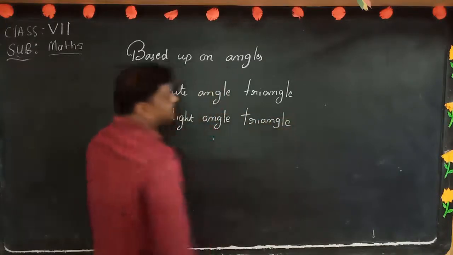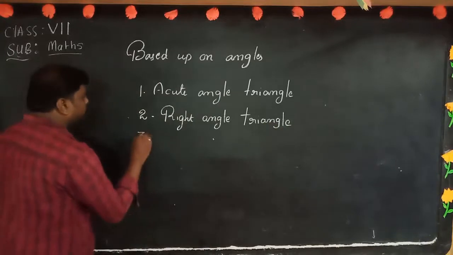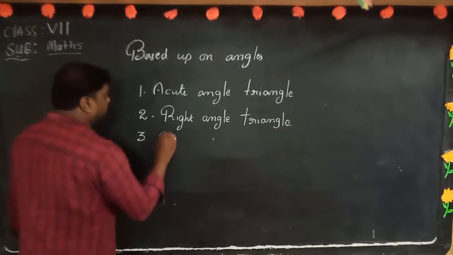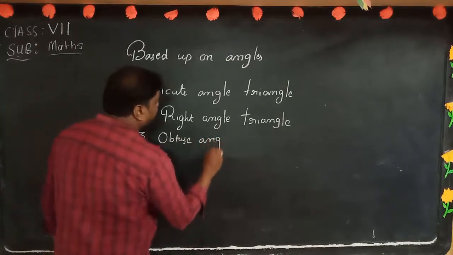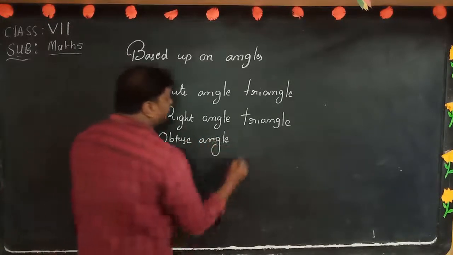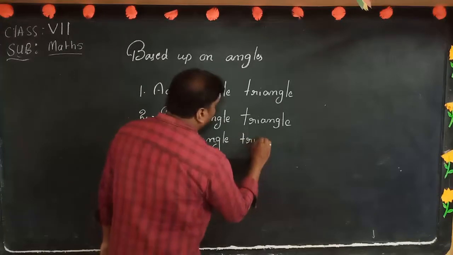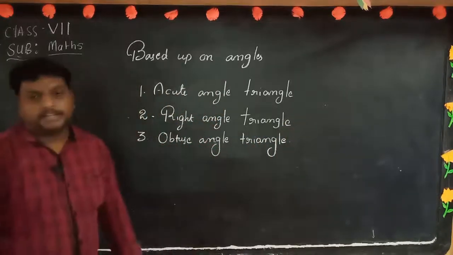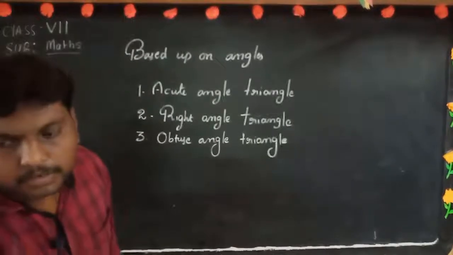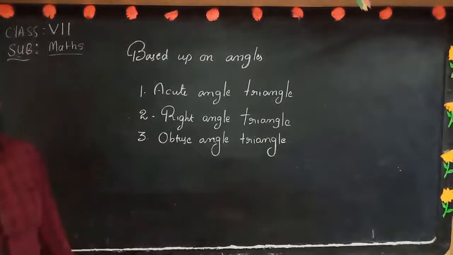Third one, obtuse angle triangle. Okay, now just observe, first one is acute angle triangle.